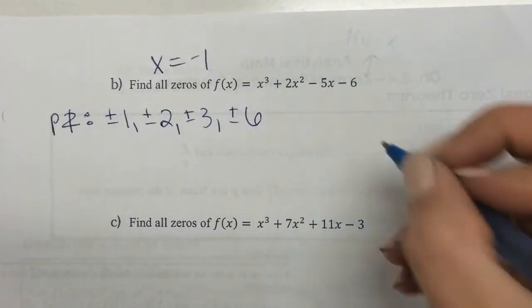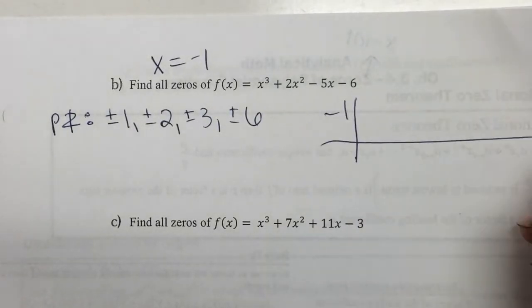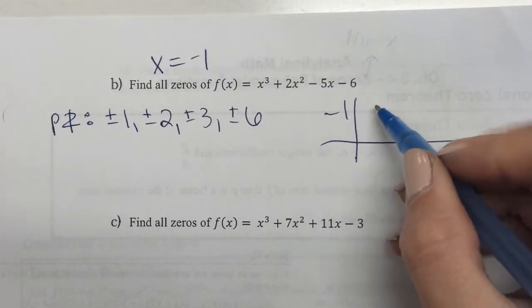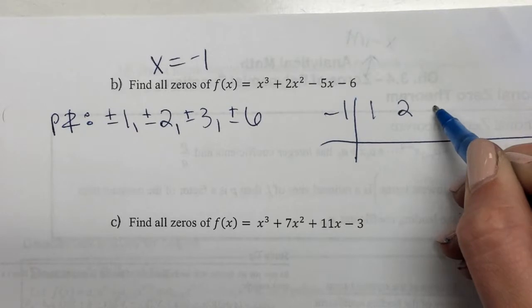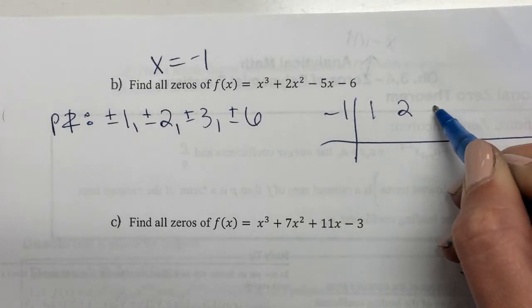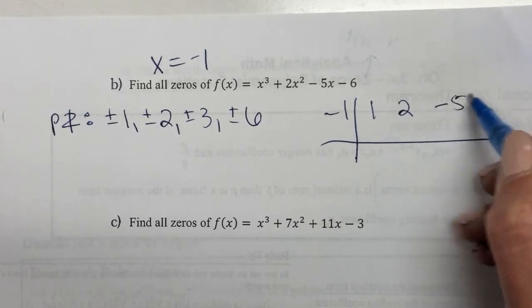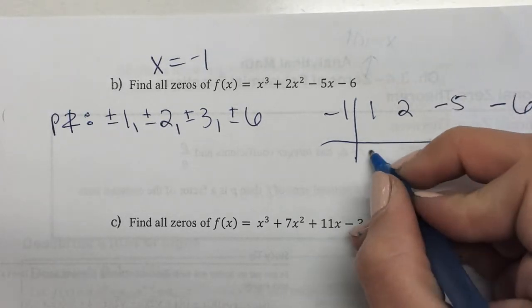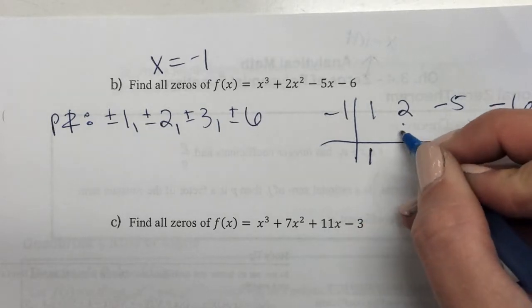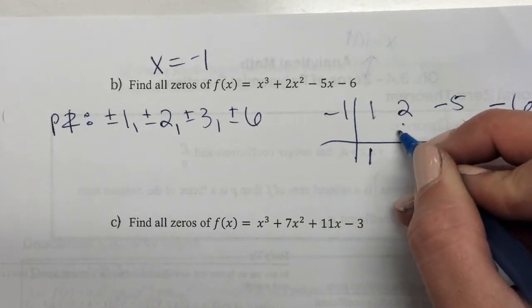And now you'll do synthetic with that -1. Jalen, tell me the coefficients up here. 1, 2, 5. Wait, 0. Not just 5. -5. Good. And -6. Alright. Mackenzie, what goes here? 1. Solomon? -1.